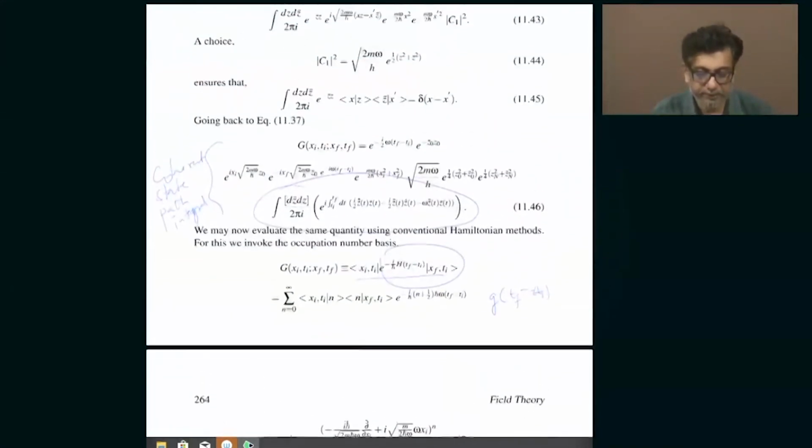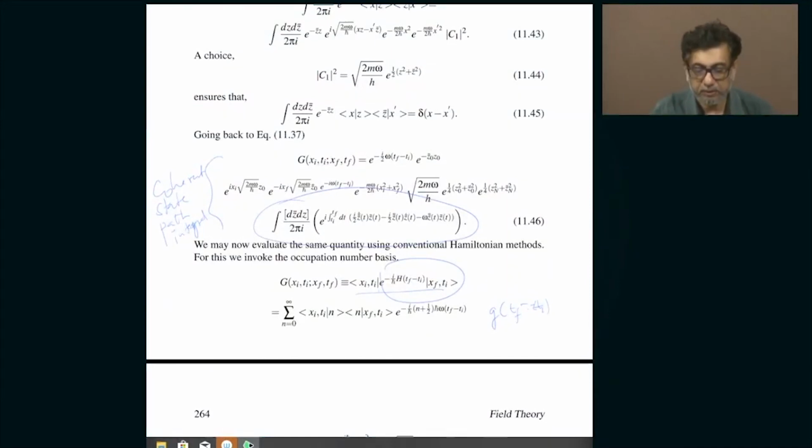So it's a lot of tedious algebra, and you have to go through it. Most of the interesting dependencies are already contained here. This is that G of Tf minus Ti.